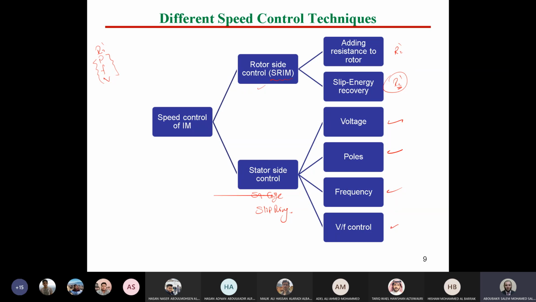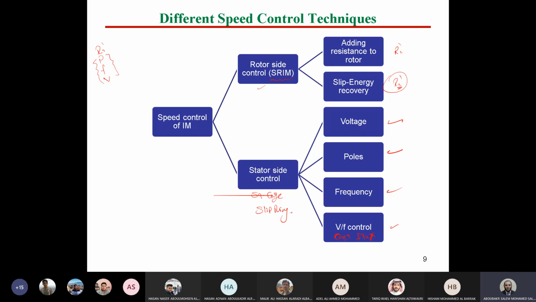However, if you control V over F and keep V over F constant, flux will be constant. So we can call it constant flux control or V over F control. And by controlling the flux, you can control the performance of the machine. If you have a problem with the machine flux, you will have a very big problem in the machine.